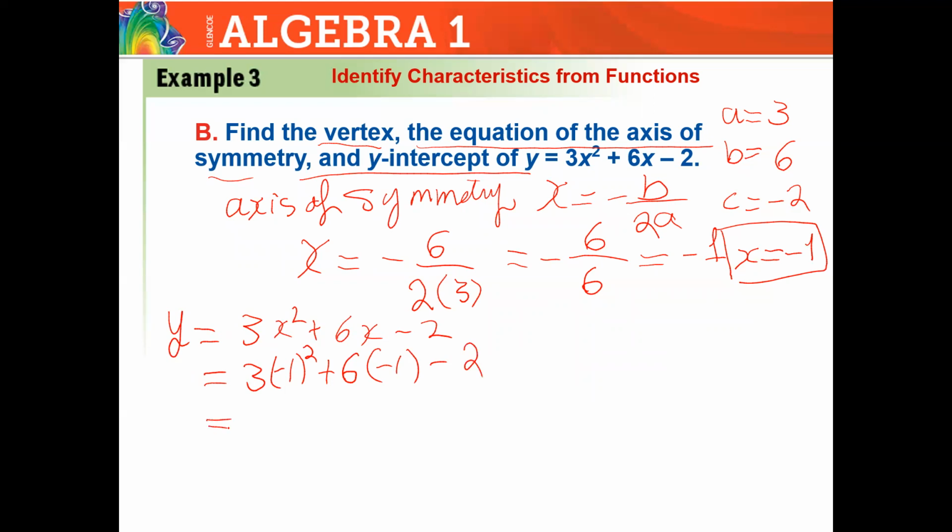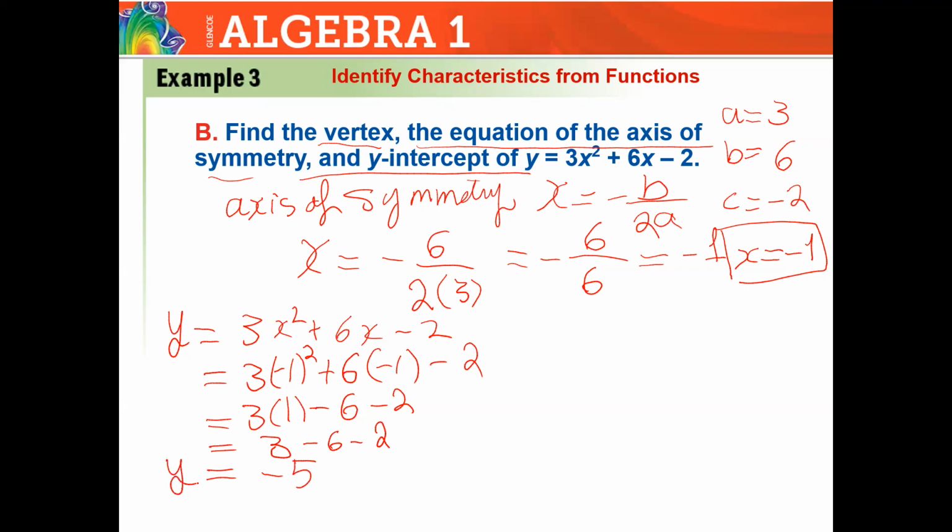Again, if you're going to use your calculator, please put the negative values in a bracket. So here 3 times -1 squared is 1, 6 times -1 is -6, -2. So you have 3 minus 6 minus 2. 3 minus 6 equals -3, -3 minus 2 is -5.